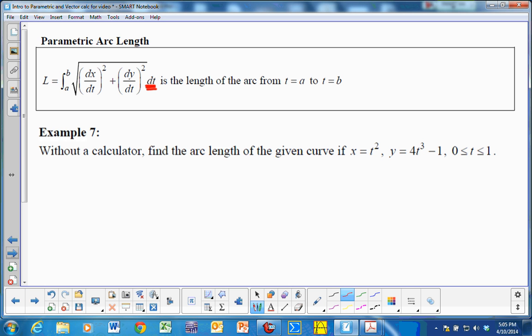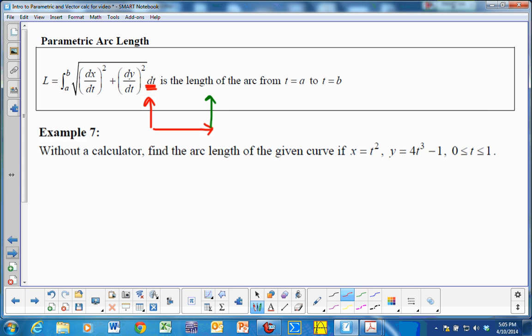If you think about your vectors and how you would have a change there, you would have a dx/dt, so you would have some sort of vector in the x direction, and you'd have some sort of vector in the y direction. And then I want to figure out basically what is the resultant vector. And if you remember, you take that vertical vector and you move it over so that it's got its tail on the head of the other one.